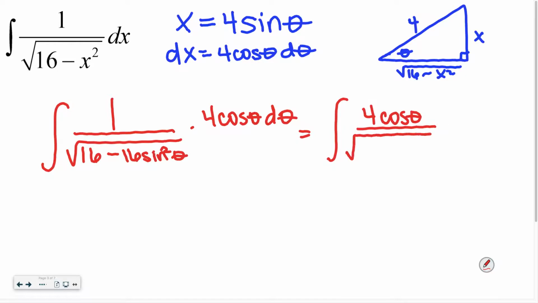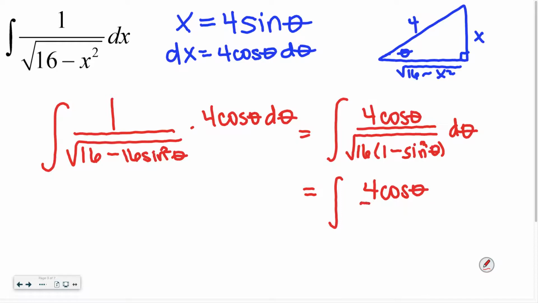What can we do in our radical? Factor out 16. And this is going to happen every time. And what is 1 minus sine squared? So we have the square root of 16 cosine squared theta in our denominator, so our denominator becomes 4 cosine of theta.